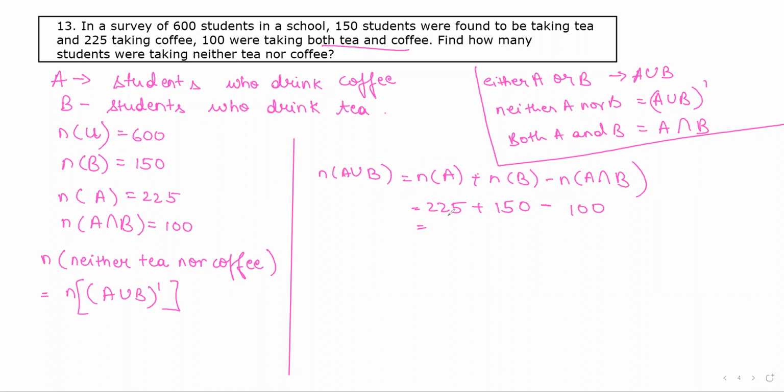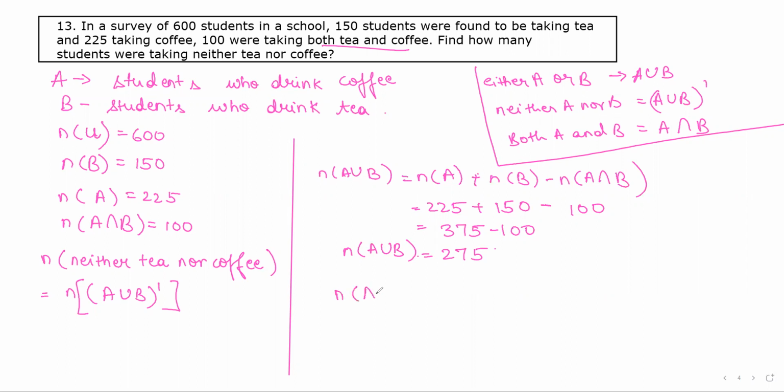This is equal to 375 minus 100, which is 275. This is the number of students who drink at least one of the two, either A or B.